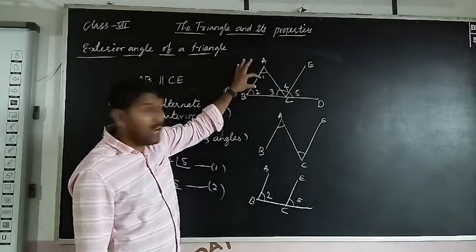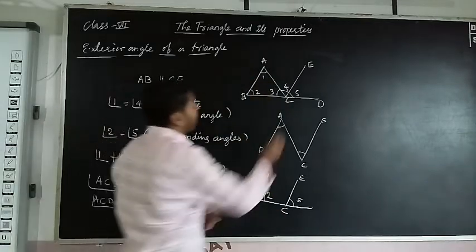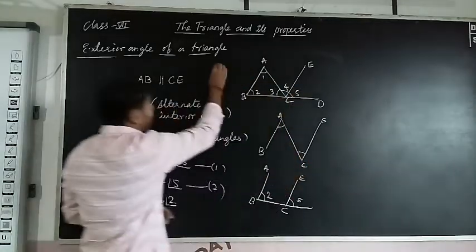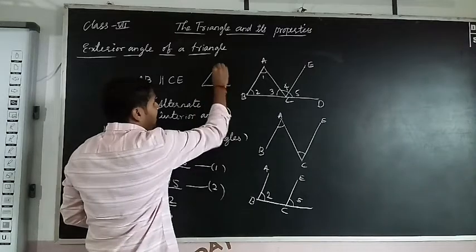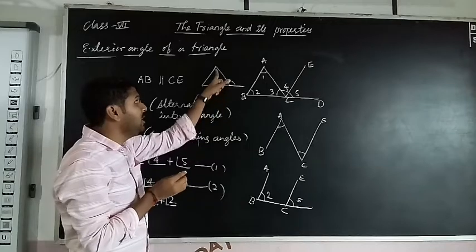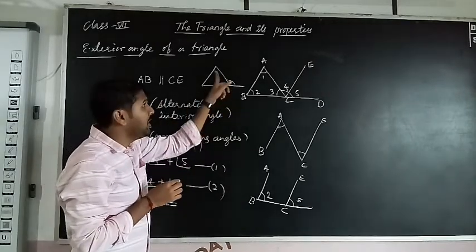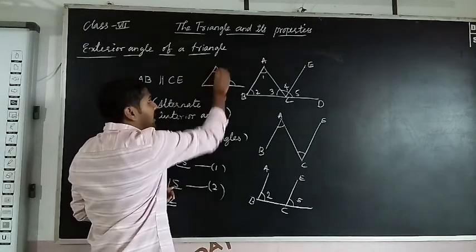These two are opposite to the exterior angle. See here, if this is a triangle and this is the exterior angle, then these two are interior opposite angles.